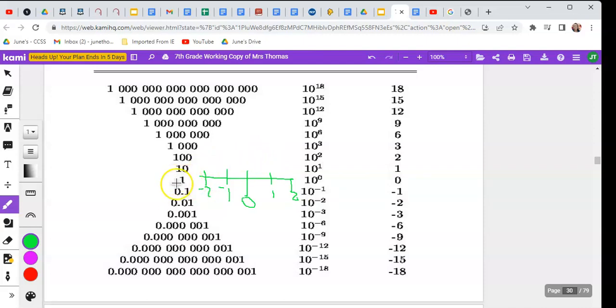So we see right here in the center, this 1 is the power of 0. And then you go up to positive 1 and down to negative 1. So here is your number line. And I want you to notice the pattern of the negative 1. And that's what we're going to look at now.